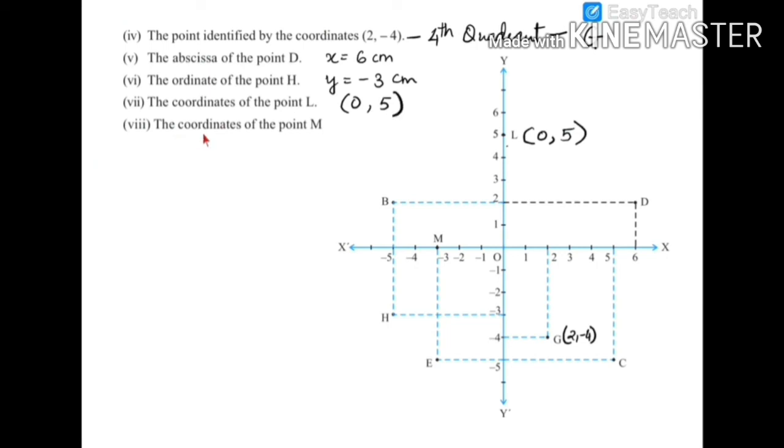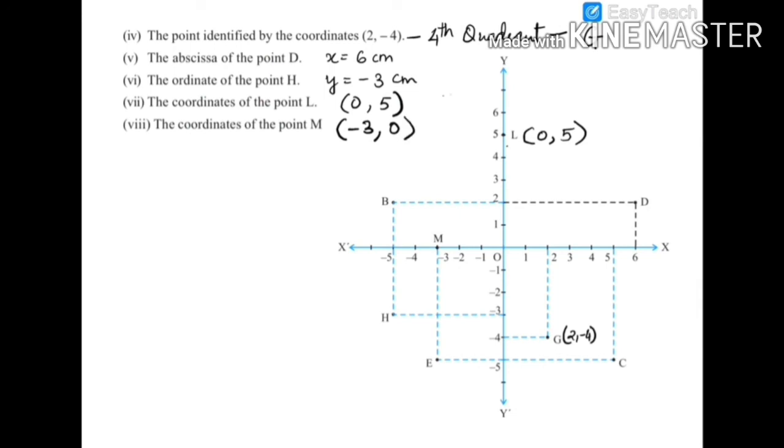Coordinates of point M. Point M is on the x-axis. Its distance from the y-axis is the x coordinate. So it is -3 units along the negative x-axis, so the x coordinate will be -3. Since this point is on the x-axis, its distance from the x-axis will be 0. So its y coordinate is going to be 0.